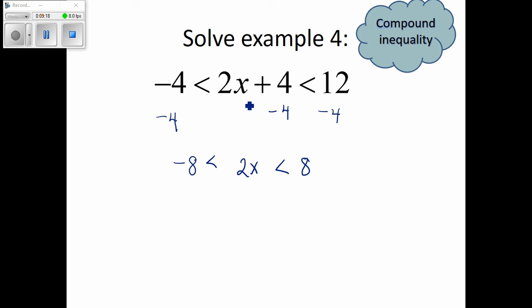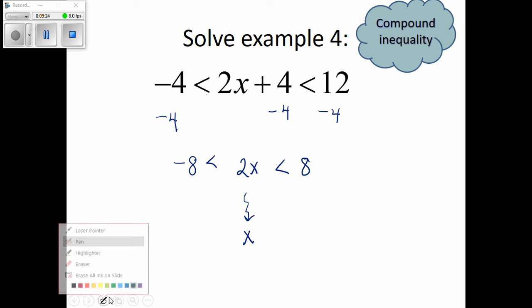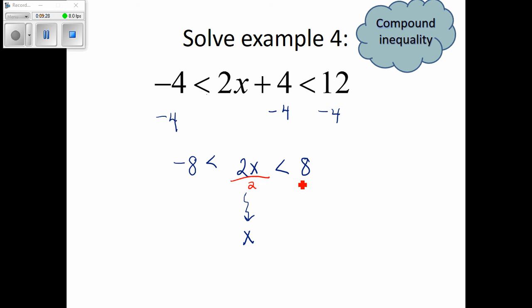Our goal is to get the x alone in the middle. Okay, so now if I want to get x alone, I'm going to have to divide by 2. If there was just 2 sides, I'd do 2 sides, but because we have 3, we're going to divide all 3 sides by 2. So negative 8 divided by 2 would be negative 4, and then this side would be 4.